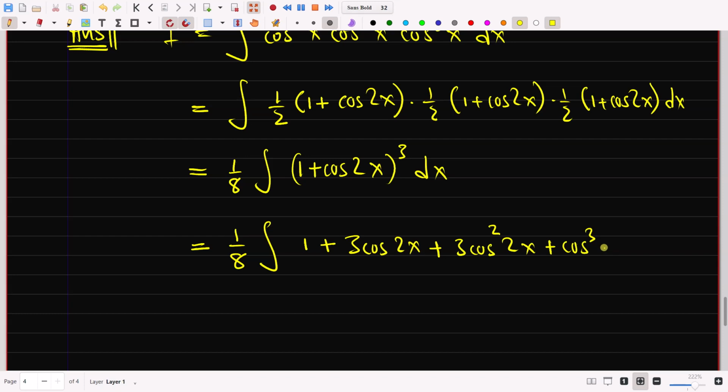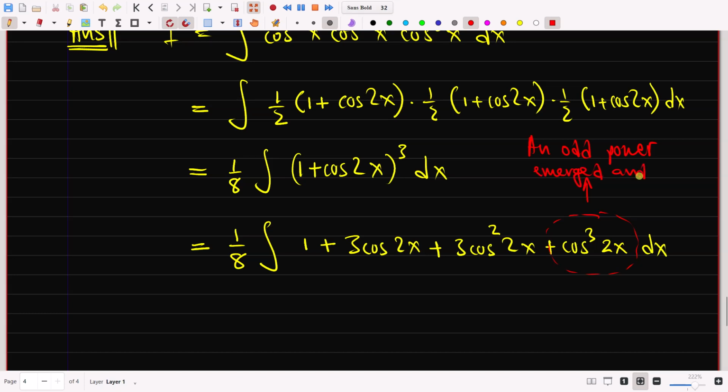Because what has popped out now is an odd power has emerged, which we haven't learned. So because there's an odd power that has popped up, we are not going to continue with this question.